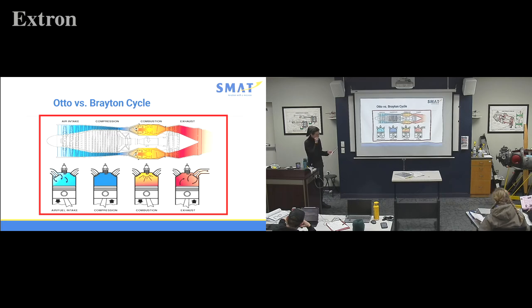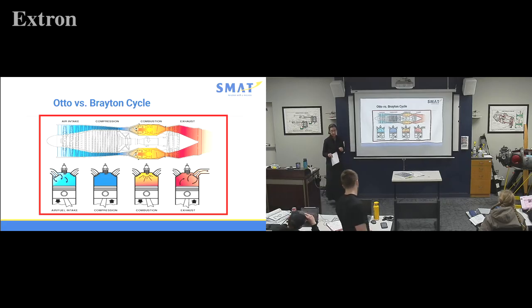So on here, we don't have the actual inlet. Any thoughts as to what duct shape the inlet probably would be? How many say divergent? How many say convergent? Why do you say convergent? Want to take a lot of air and put it into one spot.